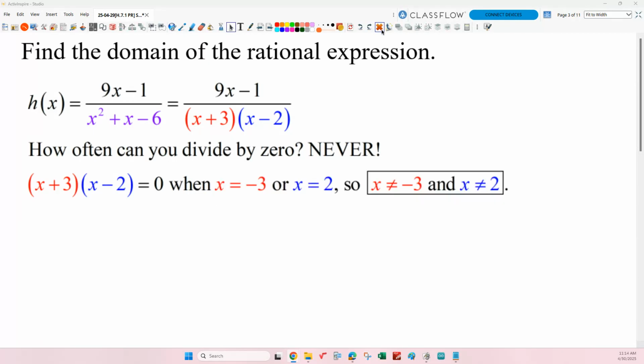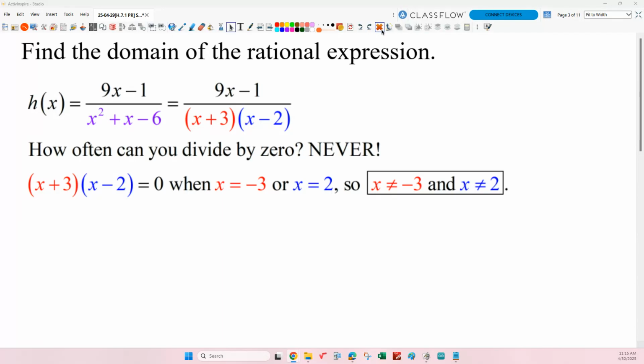So x equals -3 and x equals 2. So then x cannot equal -3 or 2. How do we feel about finding the domain? Do you want to try one? So that's the domain right there, the x does not equal it. That's your answer? Yeah, so any other value of x could work. Just, it cannot be -3 and it cannot be 2.